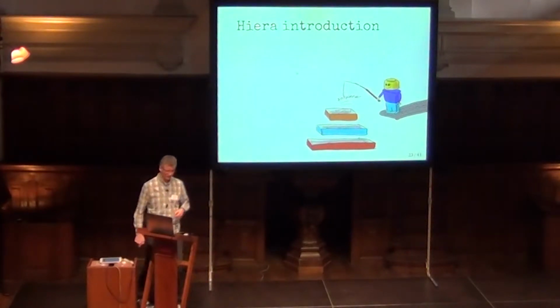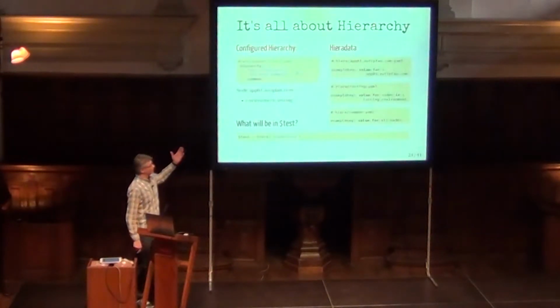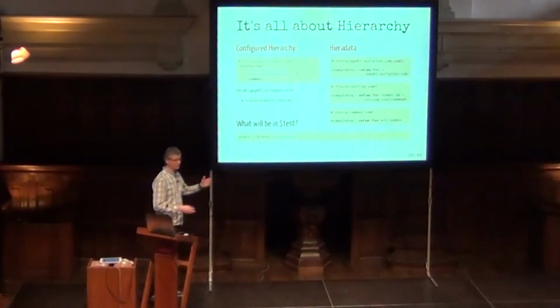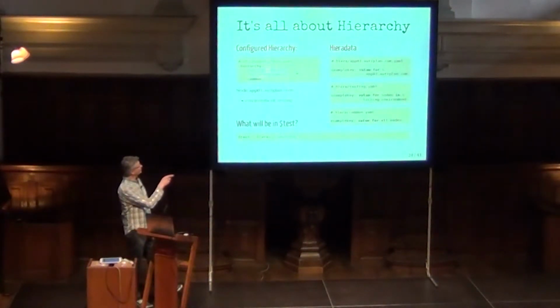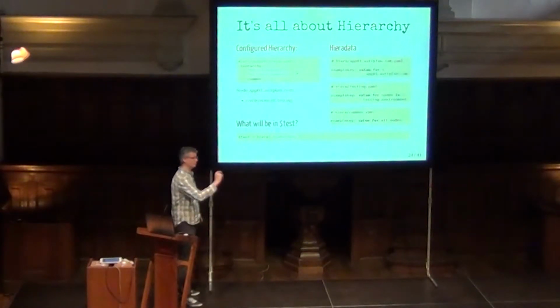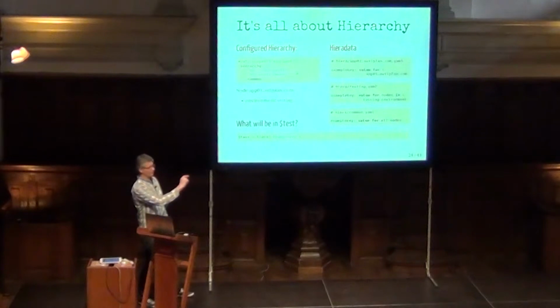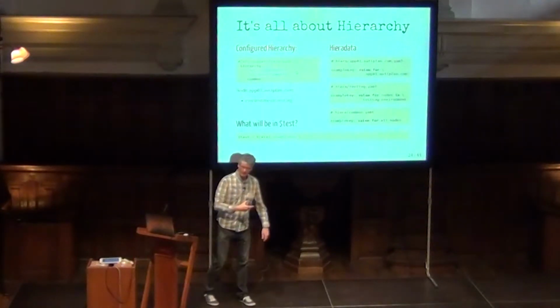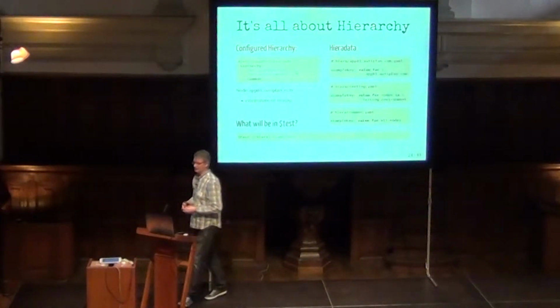As Hiera is hierarchical in nature, I've got some examples here, and I've got this hierarchy set up. So the top level, the most important one, you could say, is the client cert. This is usually the fully qualified domain name, as it is on the certificates.